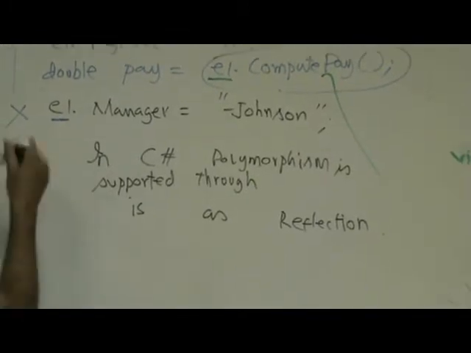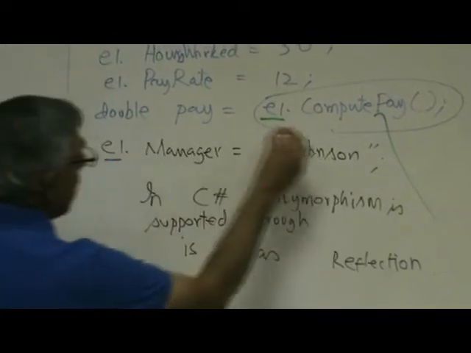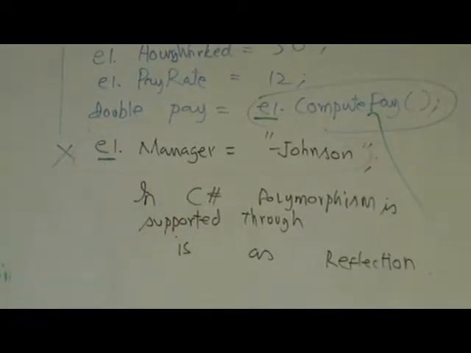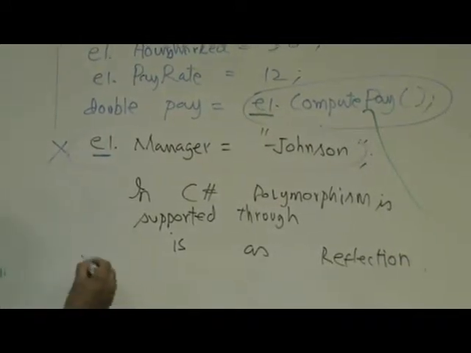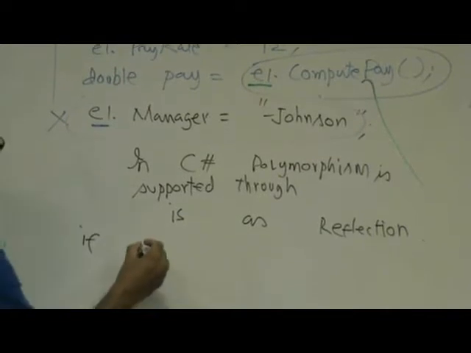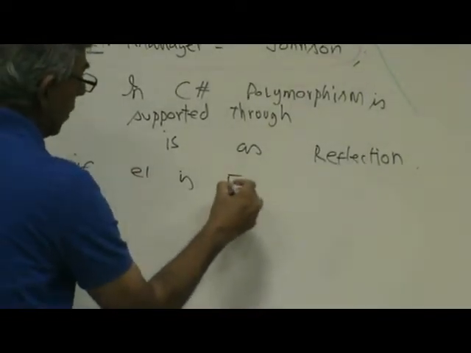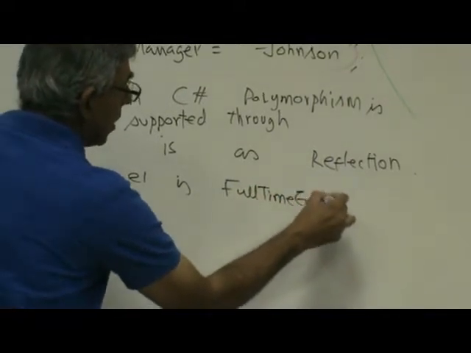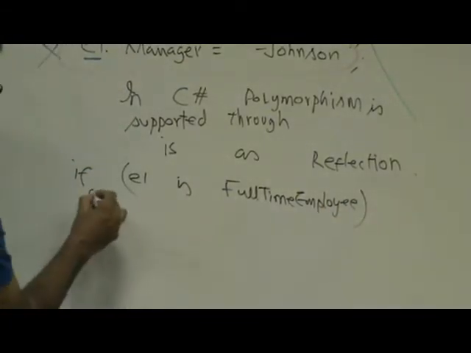So as we discussed, this code won't even compile. So this is a problem, right? Instead of writing it like this, there are a couple of choices. Let me refresh your memory again. We will say if E1 is a full-time employee, so we will check, is it pointing to the full-time employee?